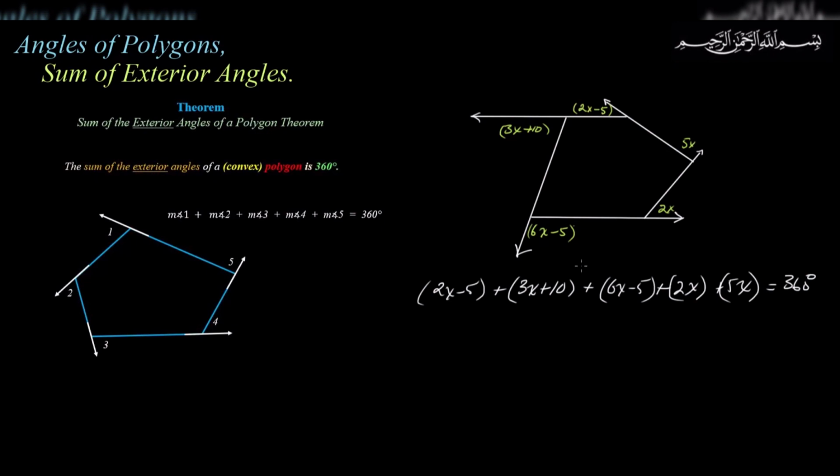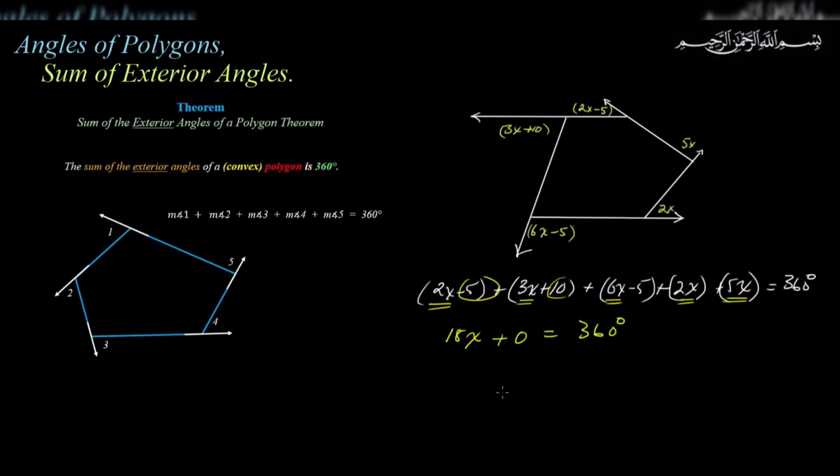Now you can simplify this by adding up the like terms: 2, 5, 11, 12, 13, and 18. That gives you 18x, and the constants, negative 5, 10, negative 5, add up to 0. It's pretty convenient, and that's 360 degrees.